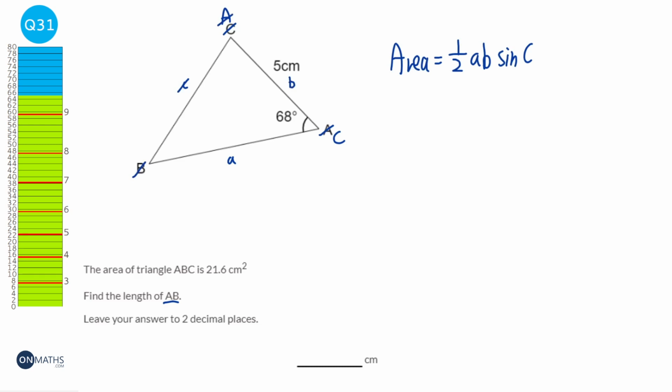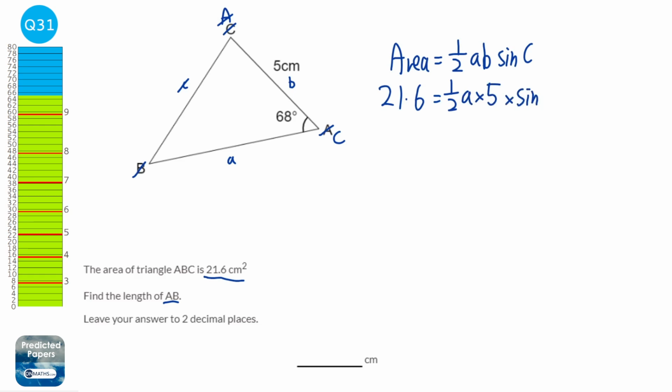The area is given to us in the question is 21.6, and we're looking for a, but b is 5 and C is 68. And so all we need to do here is rearrange all of this. And we're going to start just by working out what half times 5 times sine 68 is.